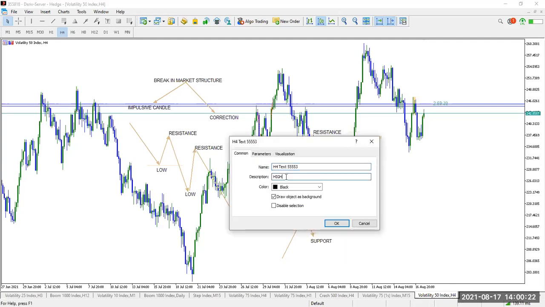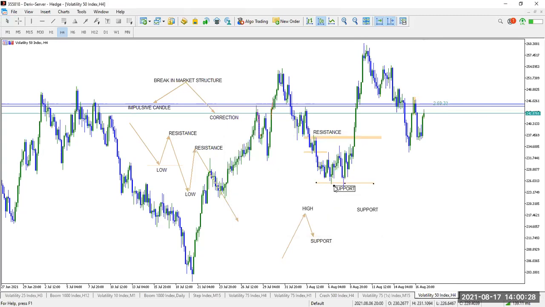The support. It will turn to support, yes, a strong support. If the market comes back here in the future to that support, we are still willing to buy it because it's a break of structure.